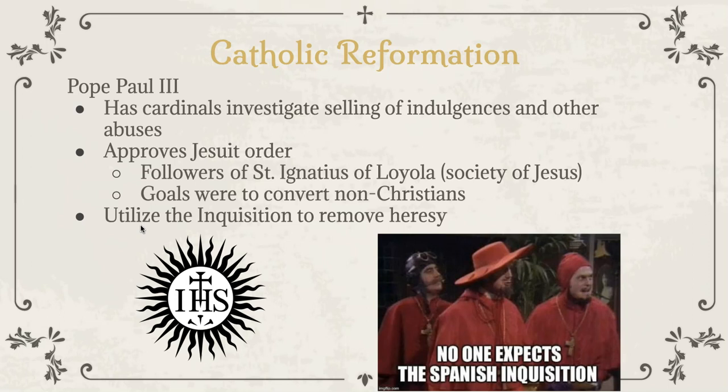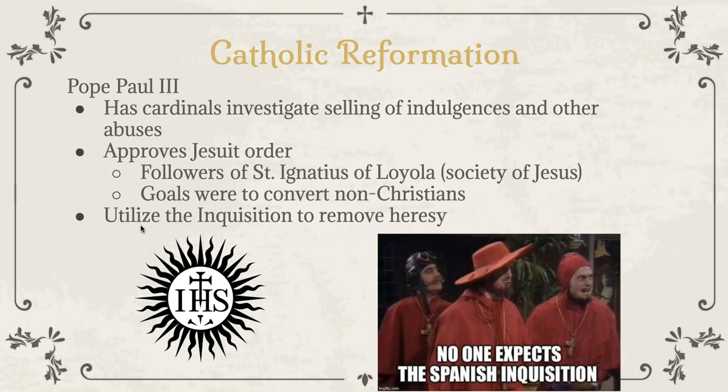He does a couple of things to try to fix the problems with the church at this point. He uses his cardinals to investigate the selling of indulgences and other abuses. He sends the cardinals out to find where the corruption lies and where these abuses are taking place in order to correct them.